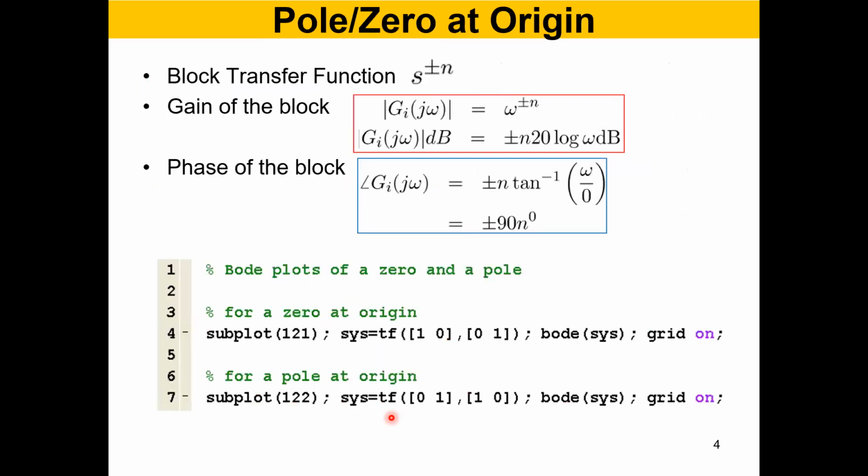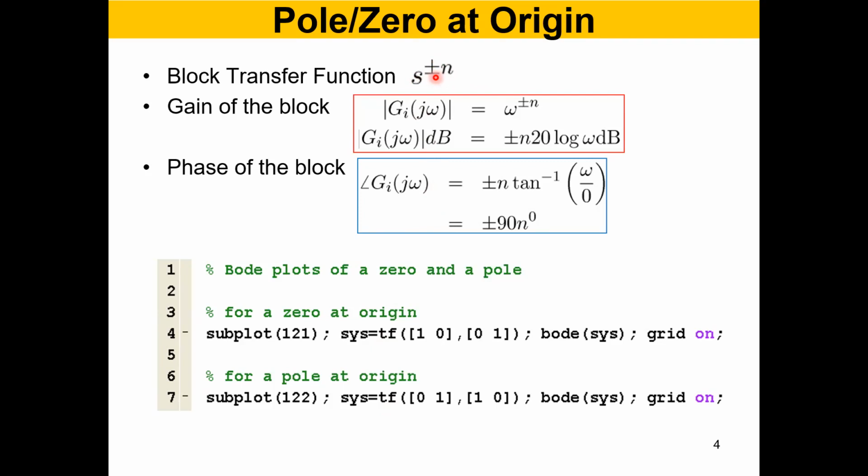So let us take a pole or zero at the origin. In one of your blocks, you have a pole at the origin or a zero at the origin. So in the block, you will identify this as s to the power plus or minus n. Let's say n equals 1. For the moment, it is just s to the power plus or minus 1. If it is plus 1, it is a zero at the origin. If it is minus 1, it is a pole at the origin, because power minus 1 means s is in the denominator.